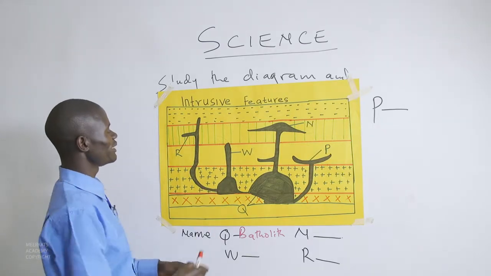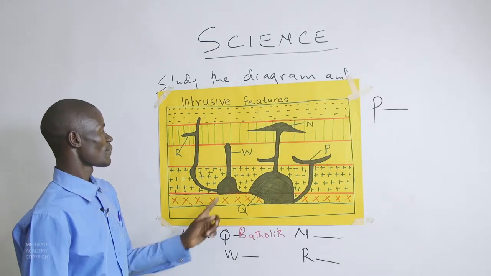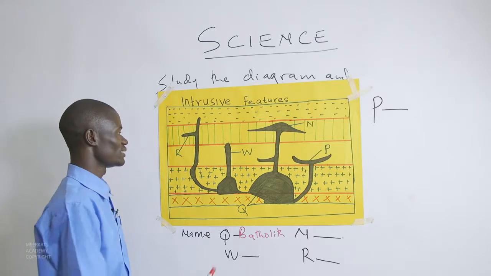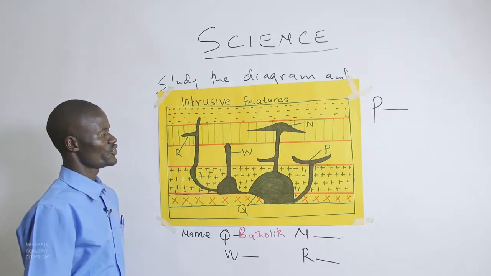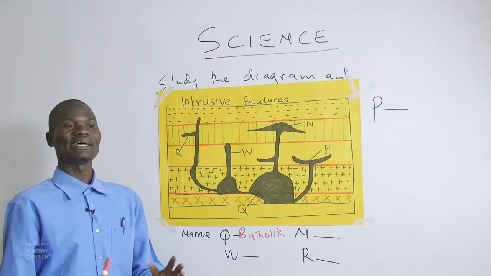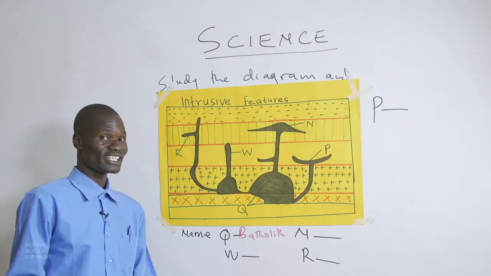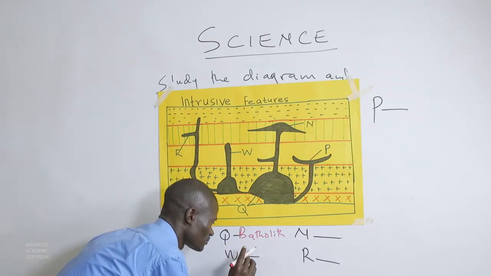When you look at W, it originates from a batholith, and there is a narrow vent through which the magma is ejected into the earth crust, and then it forms a perpendicular pillar like a wall. What did we say it is? That one becomes a dike.